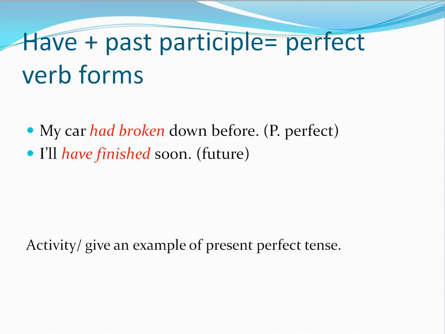My car had broken down before. This is past perfect. And I will have finished soon. This is present perfect, but it refers to the future. So have is used to form perfect verb forms.